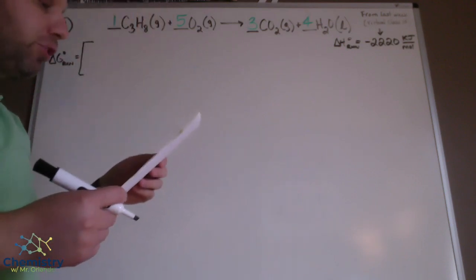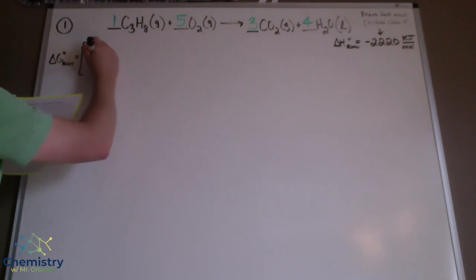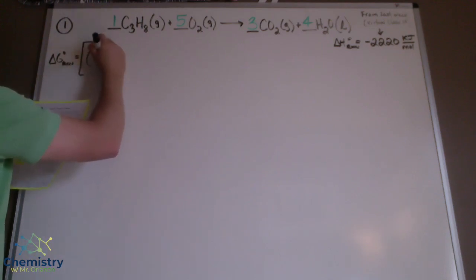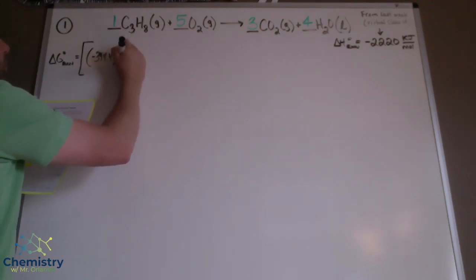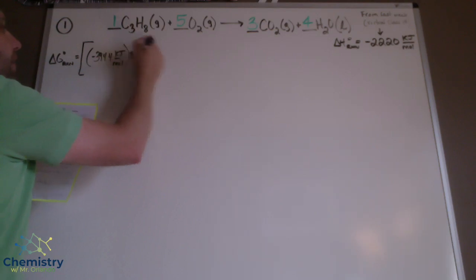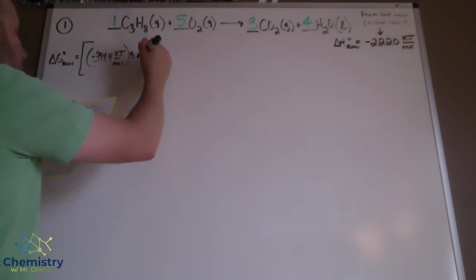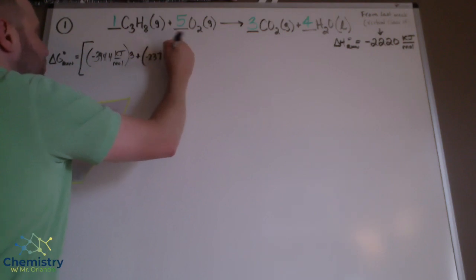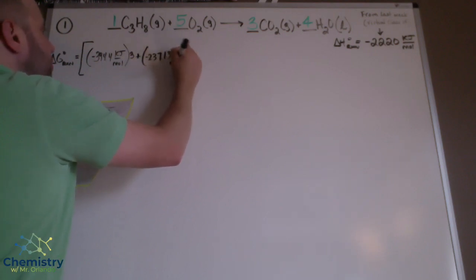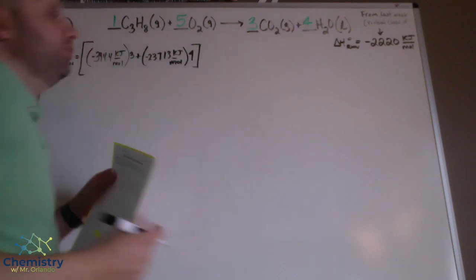The delta G value for carbon dioxide as a gas is negative 394.4 kilojoules per mole. We're going to multiply that by 3 because of the 3 in the balanced equation. I'm going to add the value for water as a liquid, negative 237.13 kilojoules per mole, multiplied by 4 because of the 4 in the balanced equation.